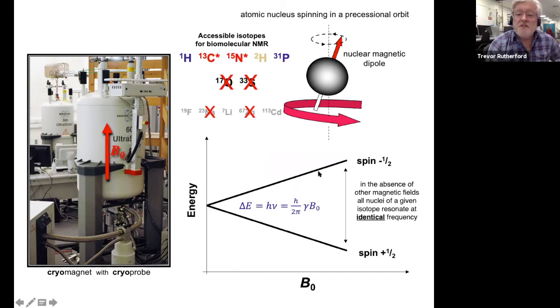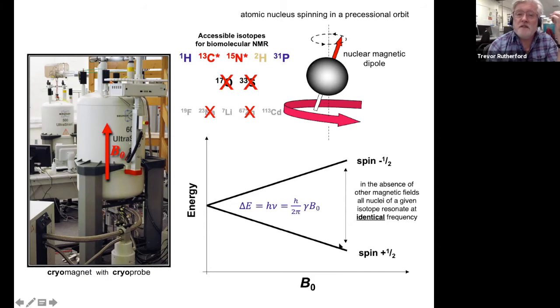So the energy difference between the two spin states is linearly related to the strength of the magnetic field that we put it into. Right? So the stronger the magnetic field, the greater the separation. And the signal that we measure at the end is dependent upon the difference in energy level populations between the two.